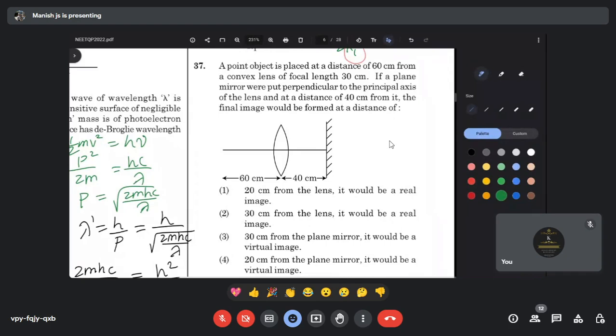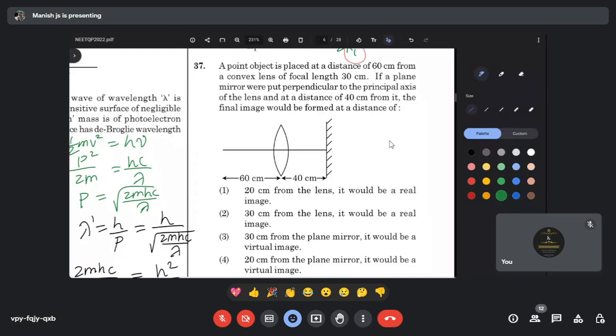If a plane mirror were put perpendicular to the principal axis of the lens at a distance of 40 centimeter from it, the final image would be formed at a distance of. Yeah. So where is the final image formed? That is the question. At what distance is it going to form? Okay?